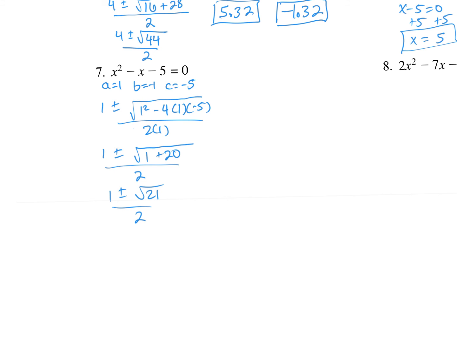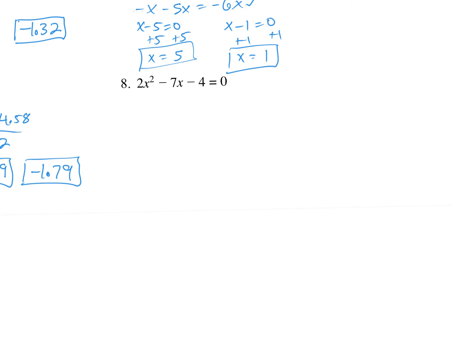I punch that into my calculator. It's 4.58. So 1 plus or minus 4.58, divide that by 2. 1 plus 4.58, divided by 2, I got 2.79 for one answer. And 1 minus 4.58, divide that by 2, and I get -1.79 as a separate answer.